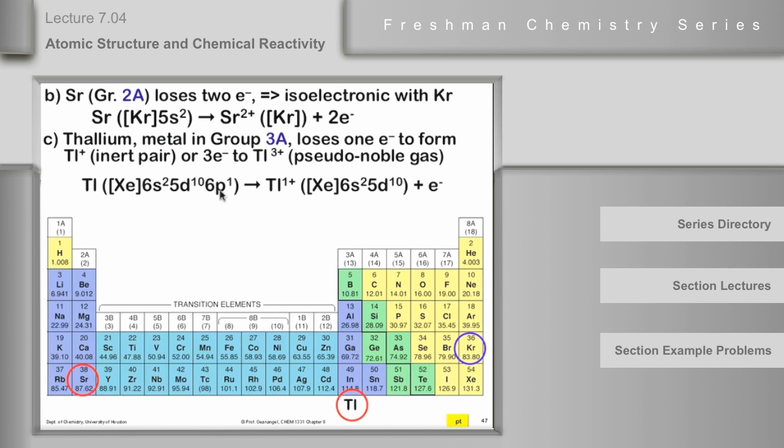This is the latter. Thallium goes to thallium plus an electron. This is 6s2, 5d10, an inert pair configuration. And if both the 6p and the 6s electrons go, a total of 3, then we'll get thallium 3+. So that's how we predict the magnitude of the charge for these elements. Questions? Okay.